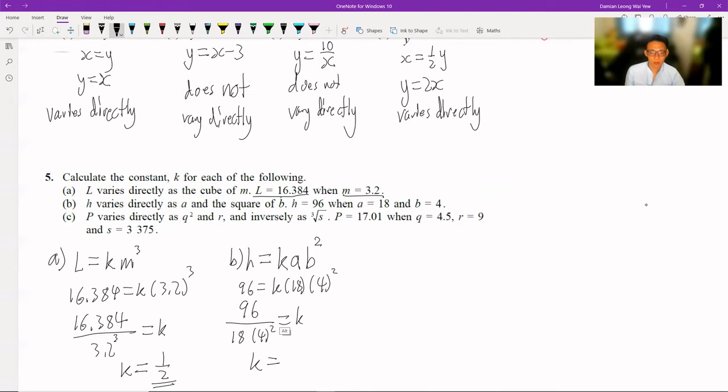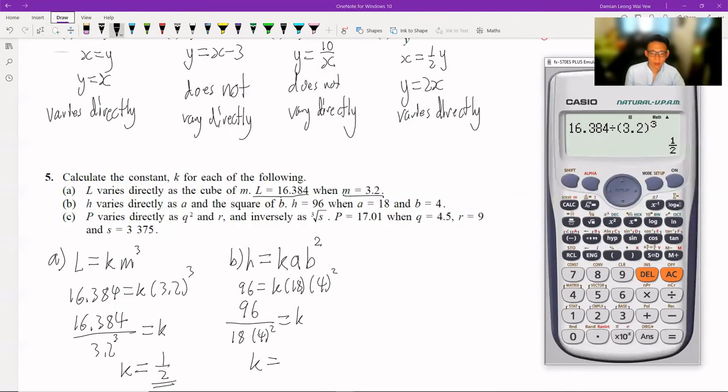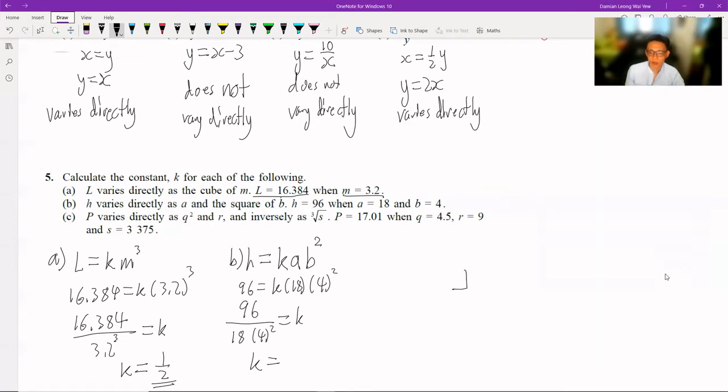basically this whole bottom part we have to bracket. If you're using the ES version or EX version calculator, there's no issue because the fraction button will clearly split what is on top, what is below. But if you're using the MS version, it will only show like this.